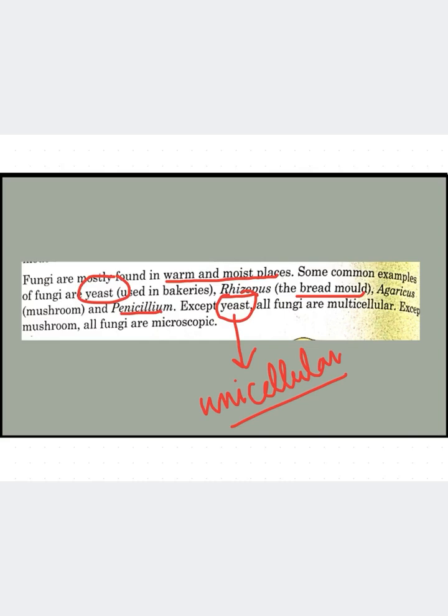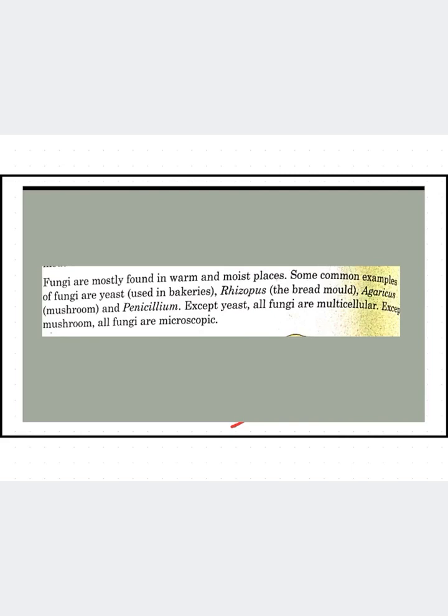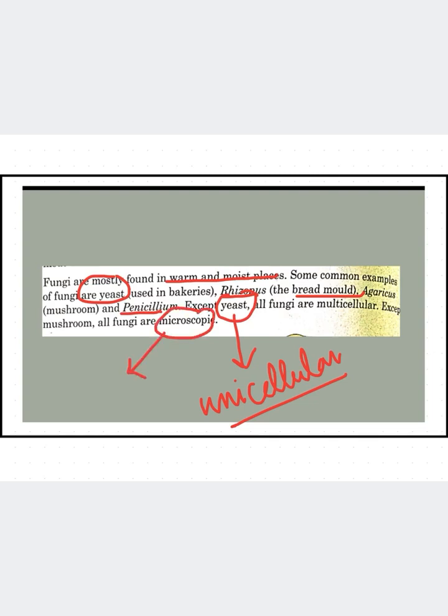And mushrooms we can see with our naked eyes. हमें mushrooms नजर आते हैं. Mushrooms हम देख सकते हैं, isn't it? Yes, mushrooms we can easily see, but mushrooms बेटा हमें बहुत अच्छे से दिखते हैं. लेकिन मशरूम्स के अलावा बेटा बाकी सभी फंजाई माइक्रोस्कोपिक होती हैं, means we cannot see them, they are all microscopic, isn't it?